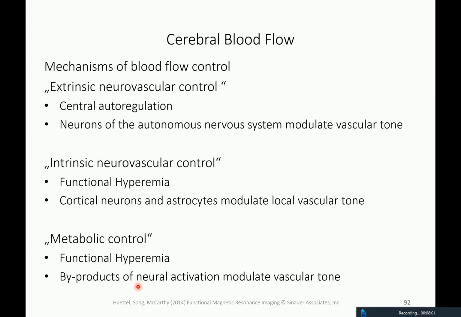So these are now mechanisms of blood flow control that can either induce global changes or local changes, and the local changes can either be done by means of cells or by means of metabolic substances.